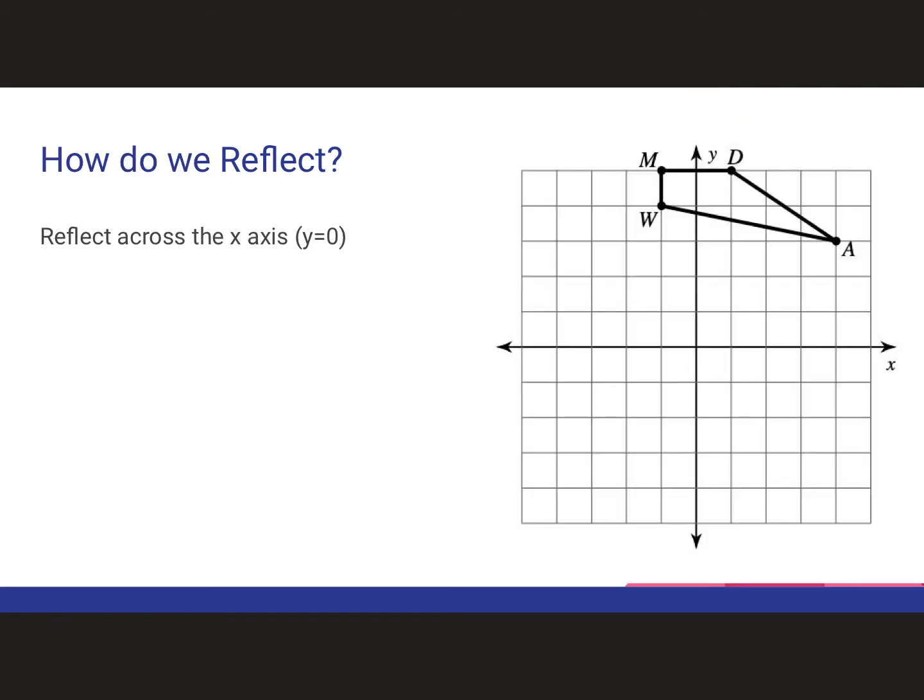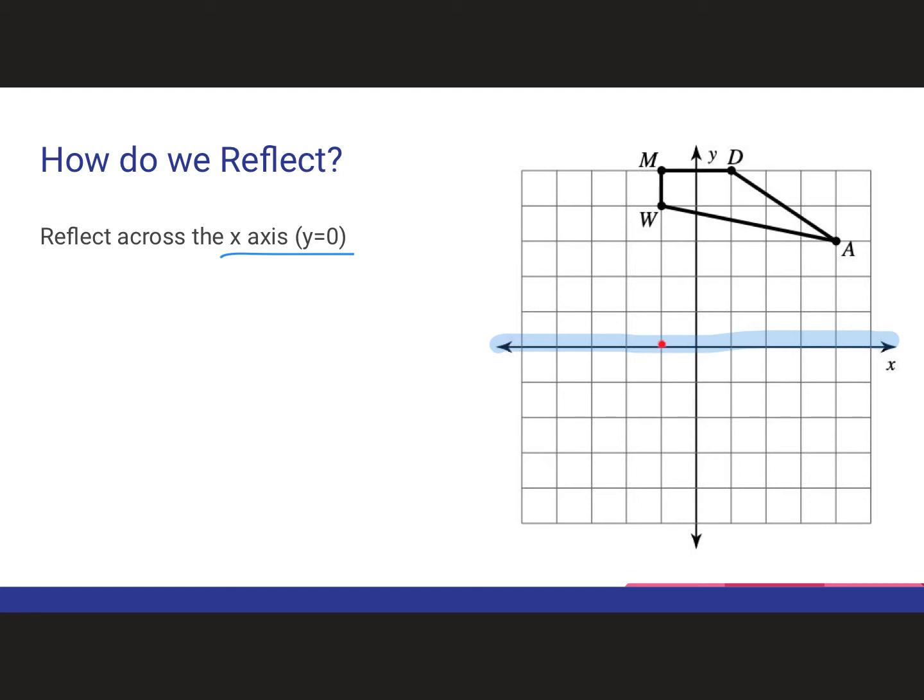Okay, so we are going to be reflecting this across our x-axis, or the axis where y equals 0. So our x-axis is right here. This is my line of reflection. Now, the way this works is everything is going to move so that it is the exact same distance from the line of reflection, except it's going to be the opposite direction.